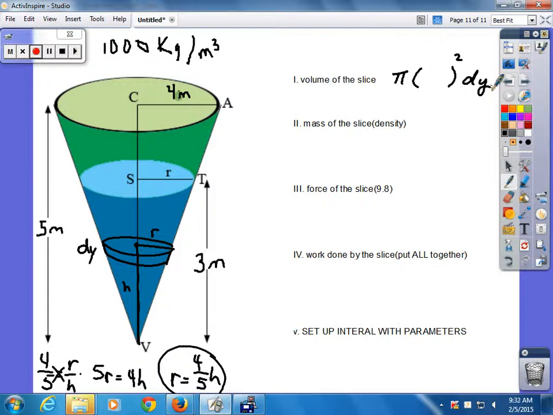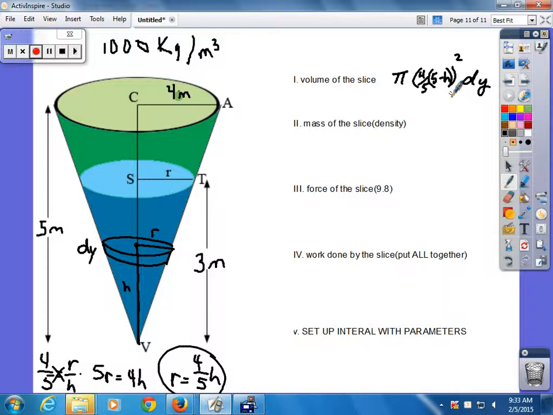And R is equal to this, but with that H, I'm going to put in 5 minus H. So 4/5 times 5 minus H. Now it's going to be 16/25, right?